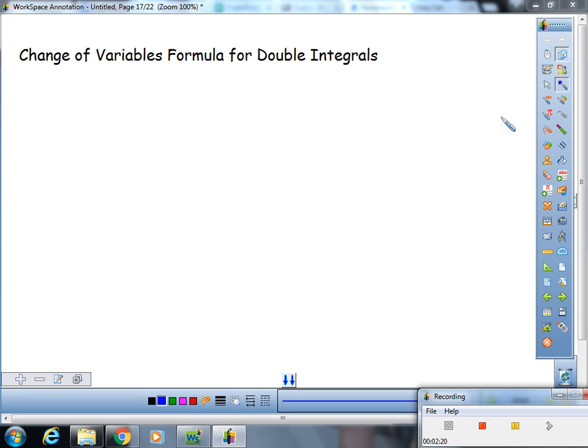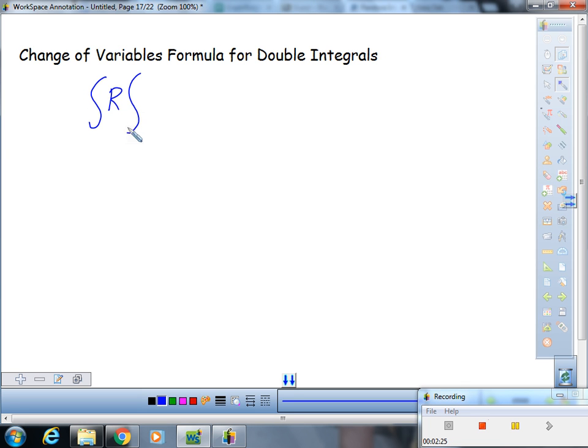Okay, so let's say we've got some region, and we've got some function of x comma y over that region, so some z equals. But let's say that our region is totally nasty.